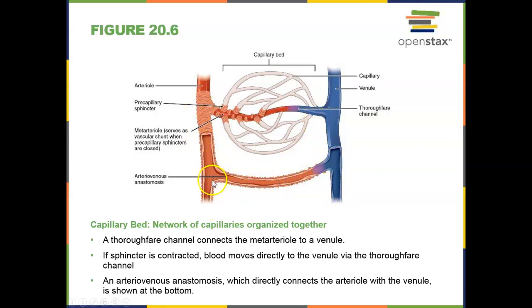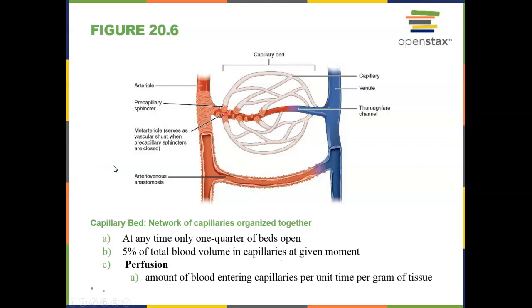So if we have a blood clot or a blockage up here, blood can still get to the veins through this anastomosis. That's what an anastomosis does. And I just mentioned this.